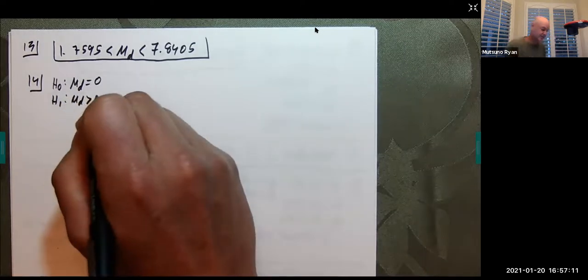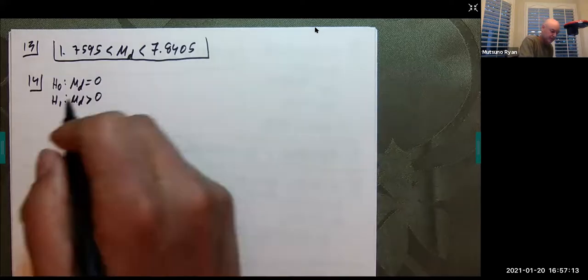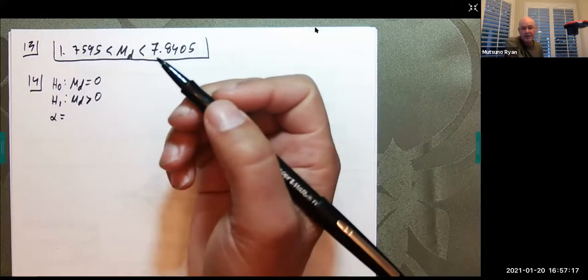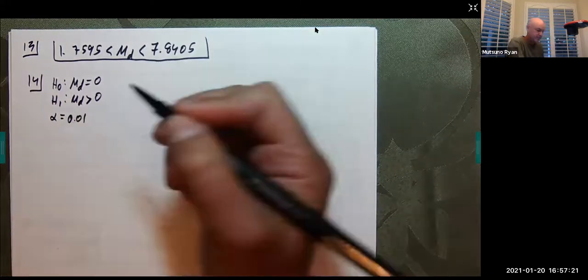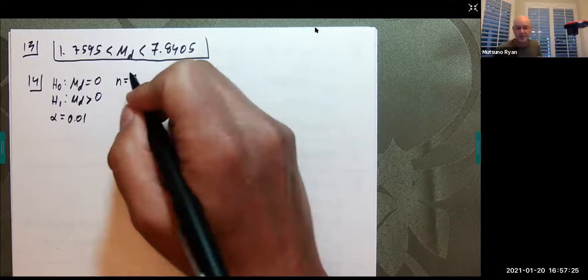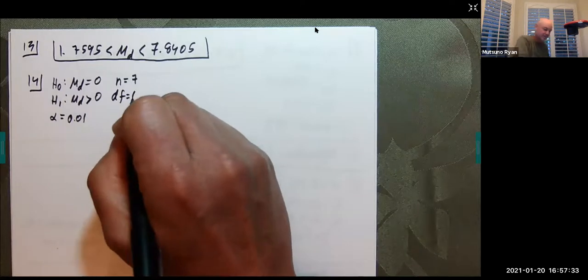That's the default assumption. And if they lose weight, then it should end up being positive. Now note they give us an alpha. In this case, alpha is 0.01. And n in this case is 7. Now I know there's 14 numbers there, but we're pairing each of those numbers to make one sample. So n is 7, that means degrees of freedom is 6.